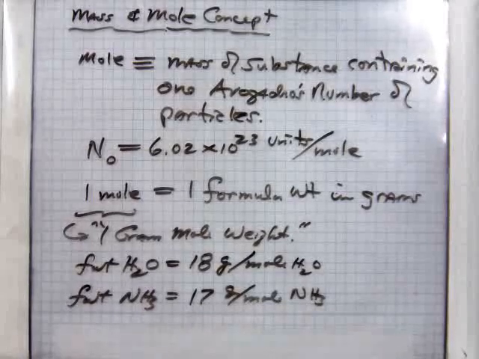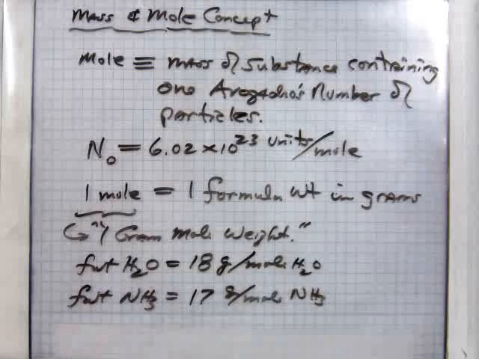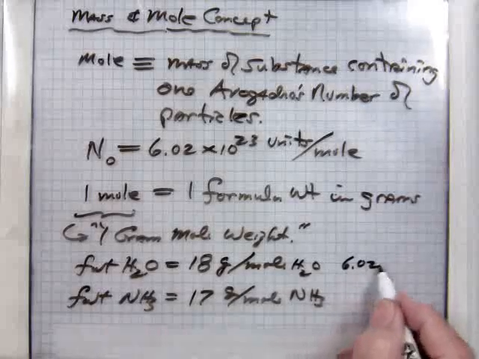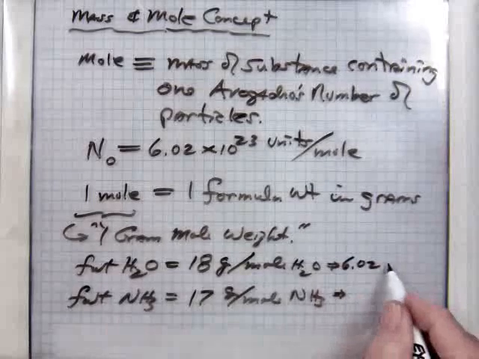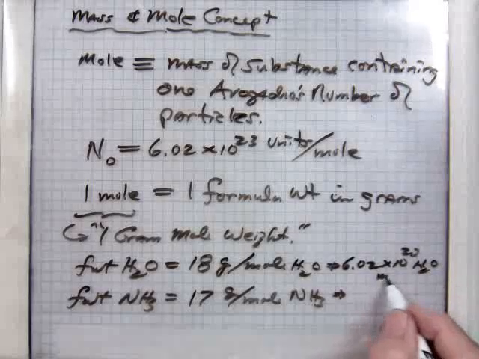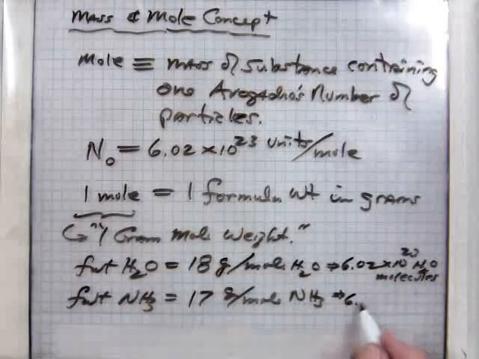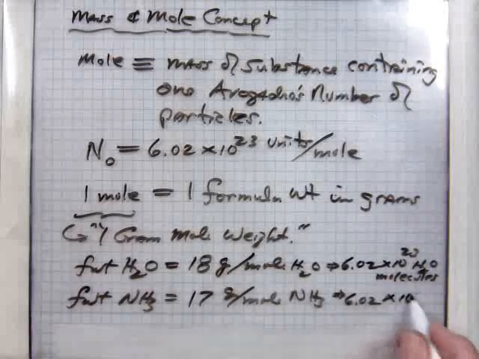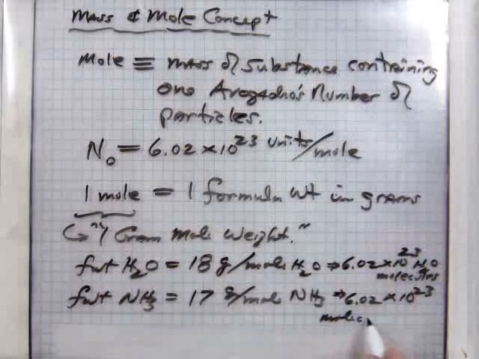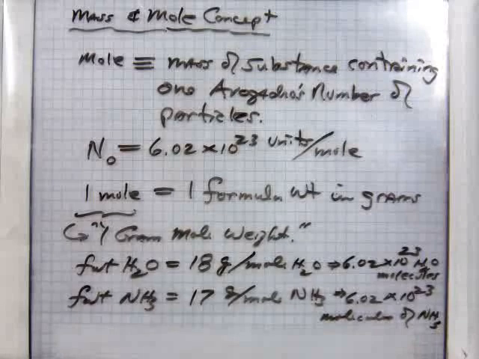So if I'm holding in my hand 17 grams of ammonia, it will contain 6.02 times 10 to the 23rd molecules of ammonia.